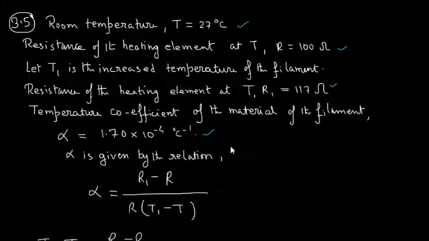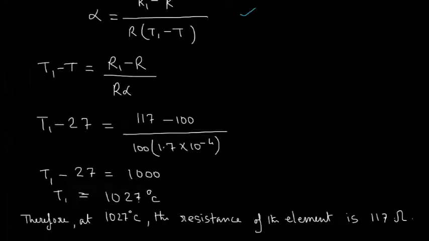Alpha is given by the relation alpha is equal to R1 minus R upon R into T1 minus T. This is the formula you should remember. So T1 minus T is equal to R1 minus R upon R alpha. T1 minus 27 is equal to 117 minus 100 upon 100 into 1.7 into 10 to the minus 4.